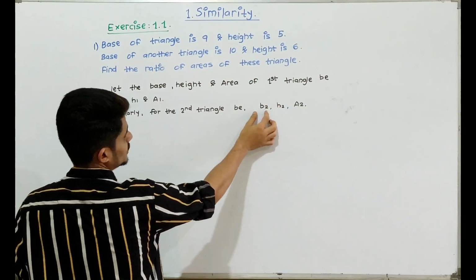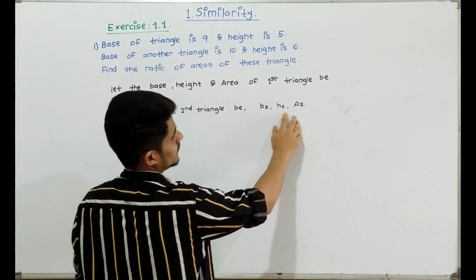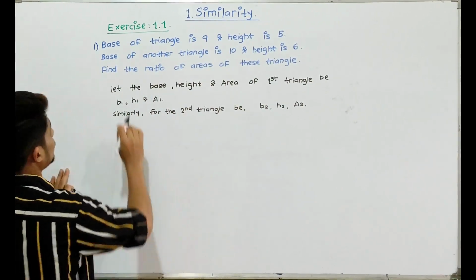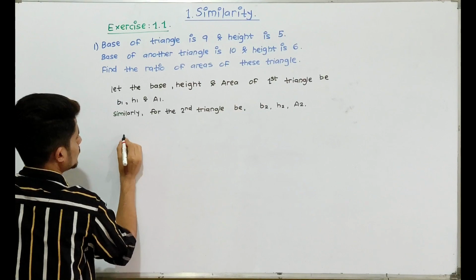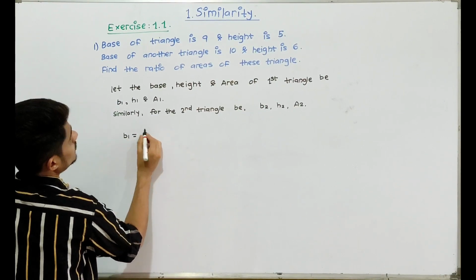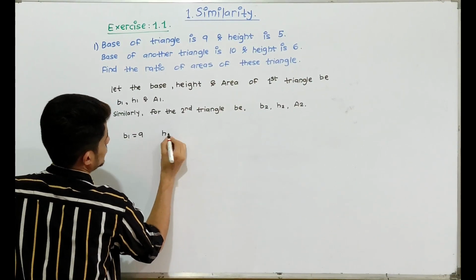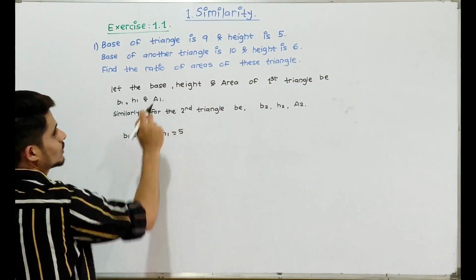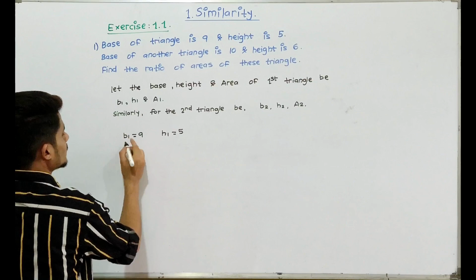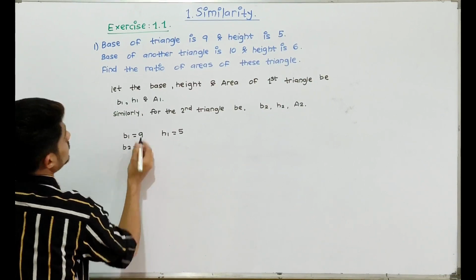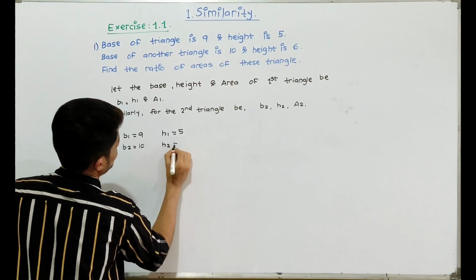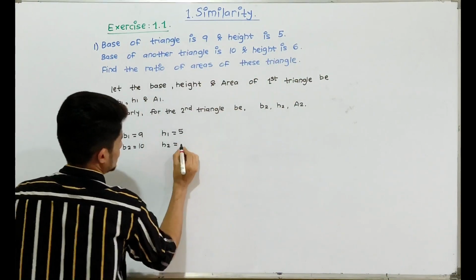It is given that B1 is 9 and H1 is 5, and we have to find the area of the first triangle. Similarly B2 is 10 and H2, the height of the second triangle, is 6.